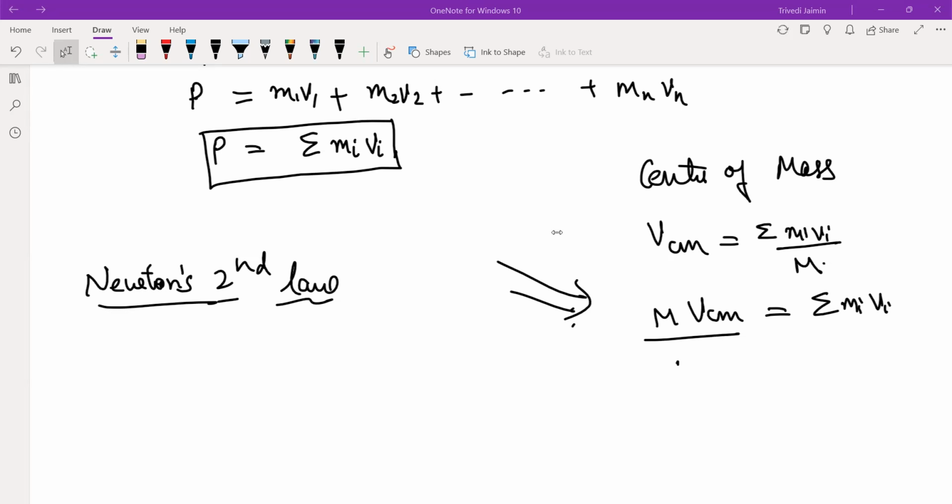Ritvik, what's Newton's second law? The rate of change of momentum of a body is directly proportional to the external force, in the direction of force.